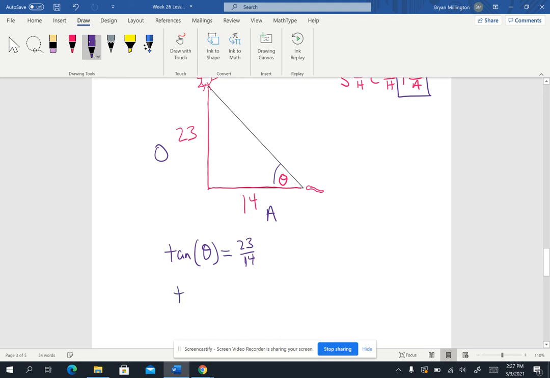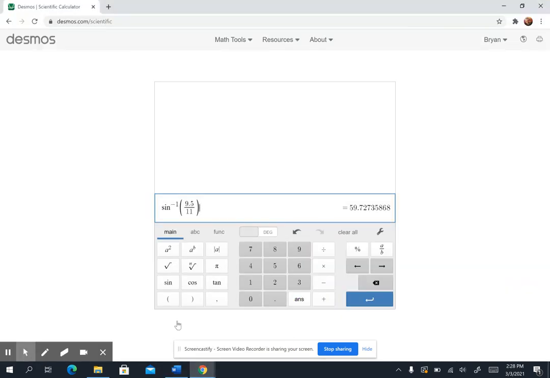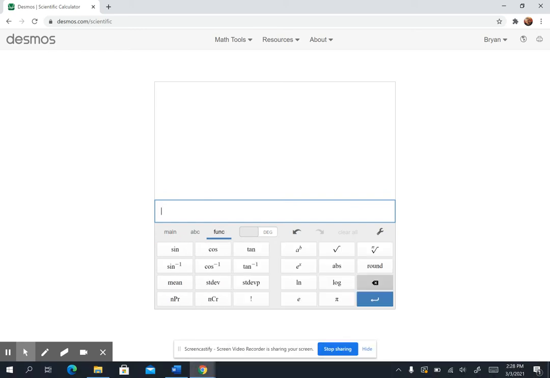Okay, so again, I want to figure out what theta is. So I'm going to use inverse tangent of 23 over 14 equals theta. All right, inverse tangent 23 over 14. This worked a lot better when I used my keyboard, so I'm going to go back to that strategy.